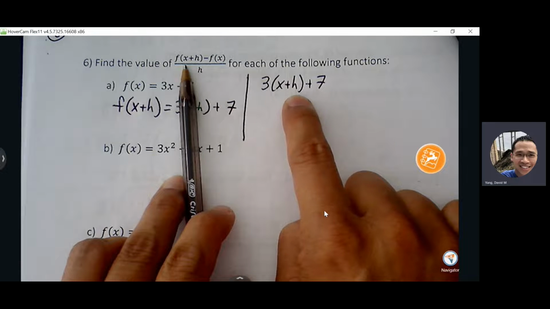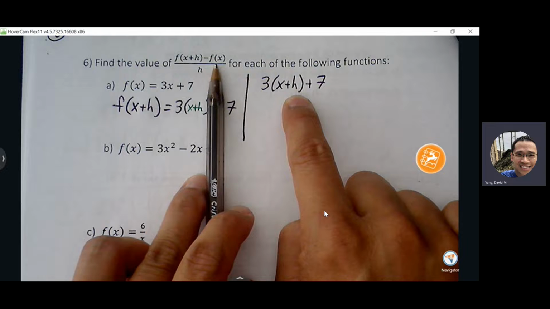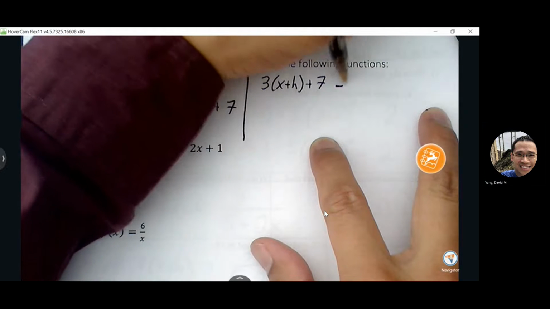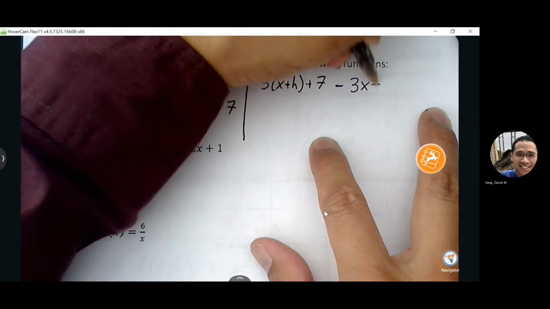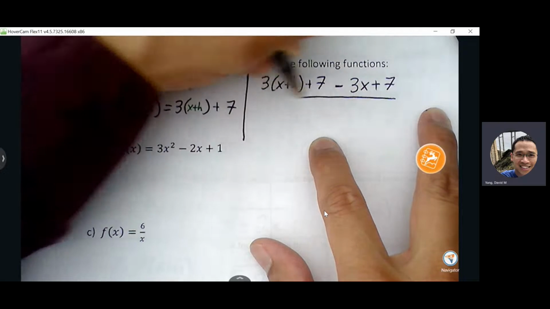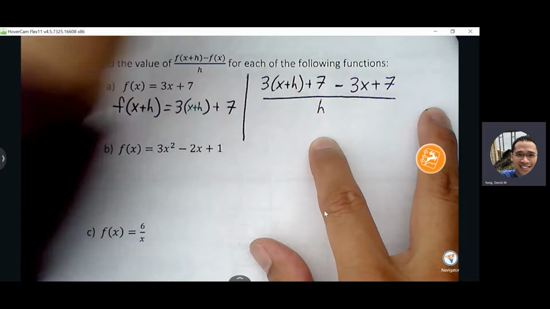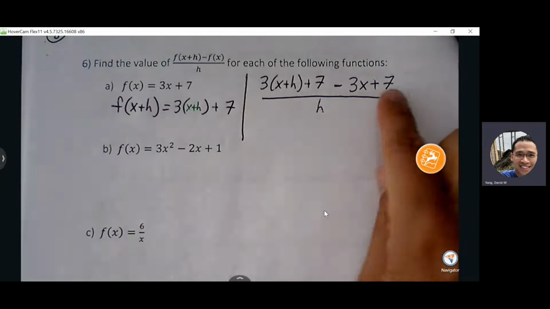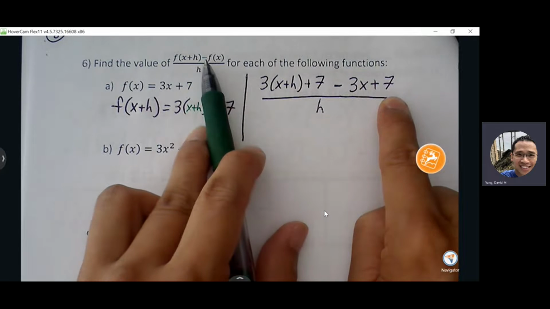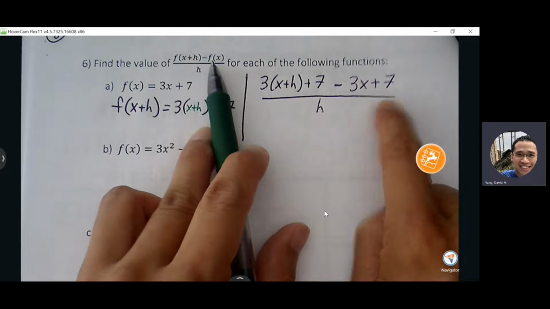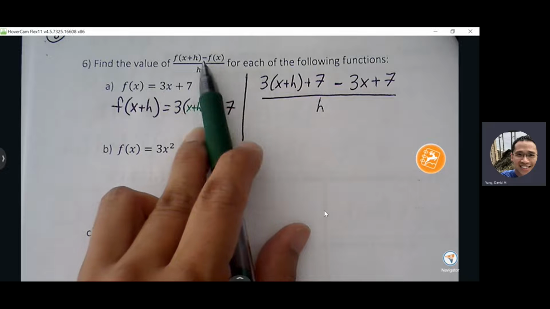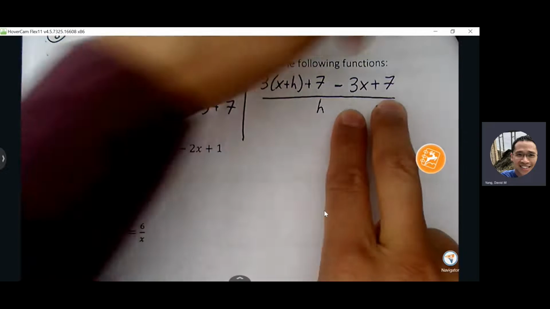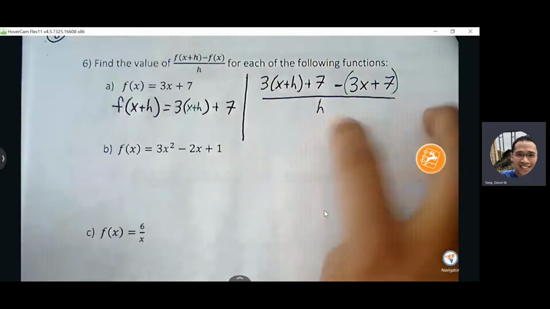Whatever this expression is telling us to do, minus f of x, all over h. If there's something else we have to include, and what's that? Parentheses, yeah. Parentheses around the 3x plus 7, because this minus means I want to subtract everything that comes after the minus sign. So both terms need to see the negative sign.